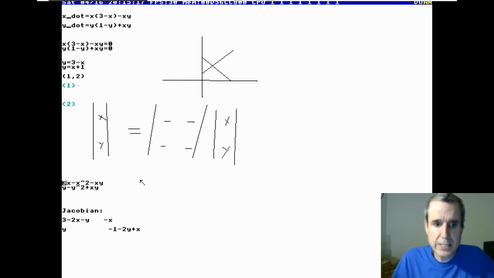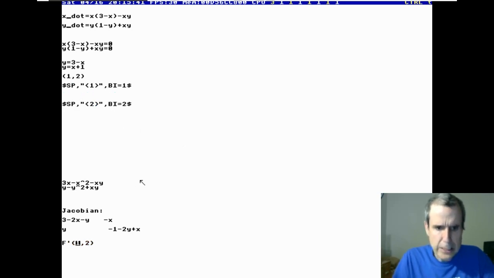So we want to linearize around that point. We take f prime of (1, 2), which is a vector, and we want a matrix. So at (1, 2), 3 minus 2 is 1.